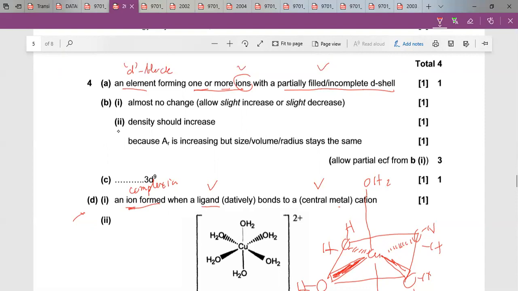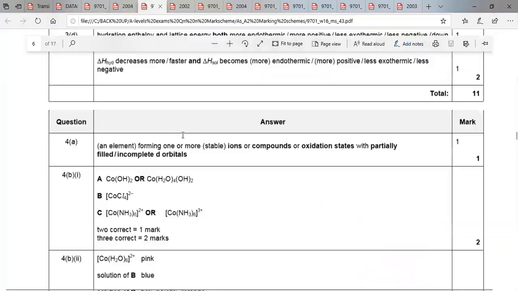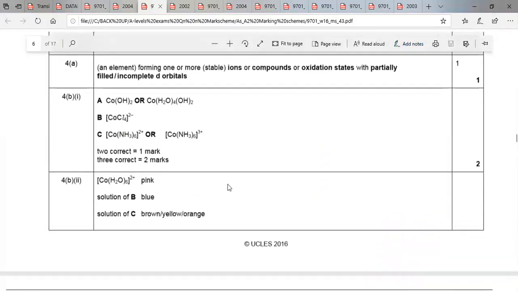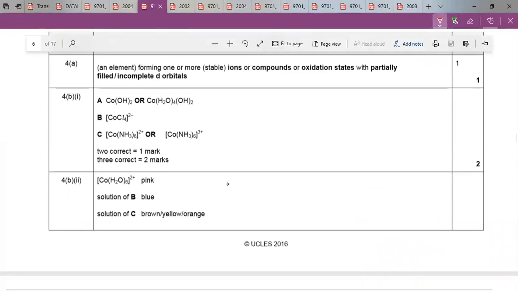Another definition is here: an element, though of course you can say a D block element, forming one or more stable ions, with partially filled or incompletely filled D orbitals.